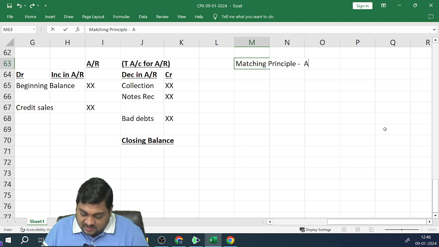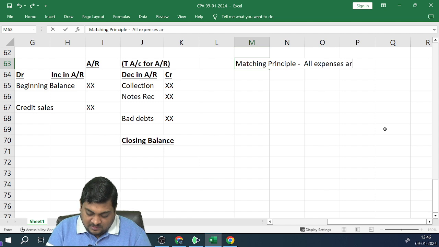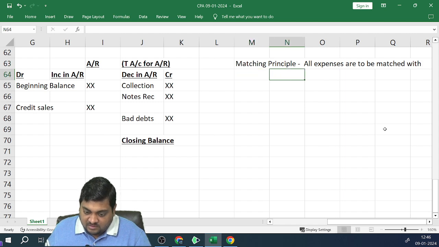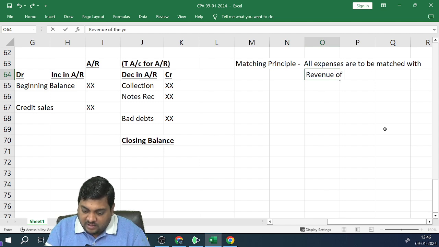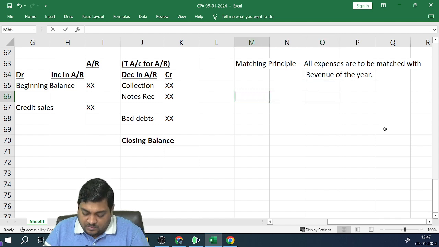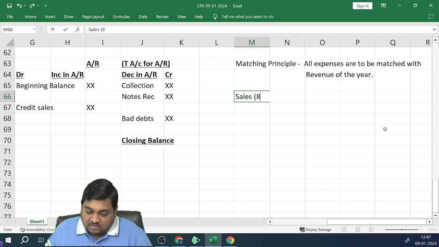Matching principle says all expenses are to be matched with revenue of the year, right? Suppose there is a sales of 800 units at the rate 50.